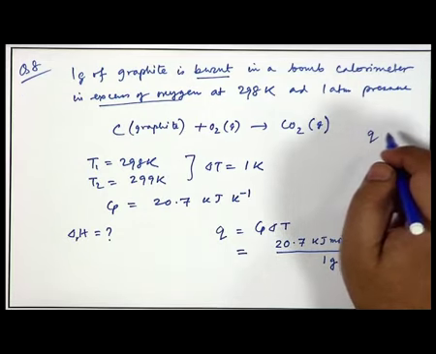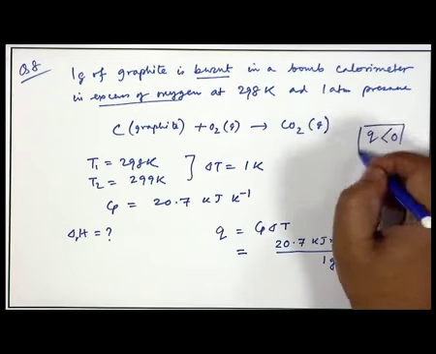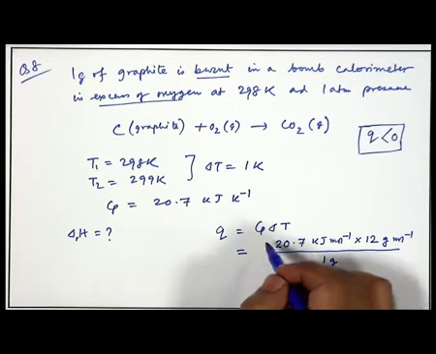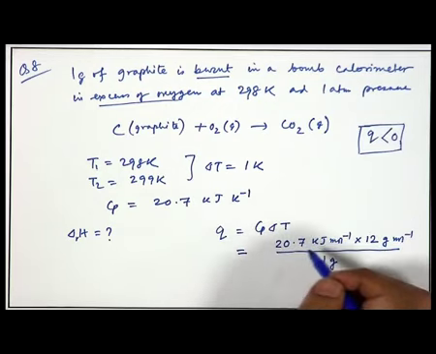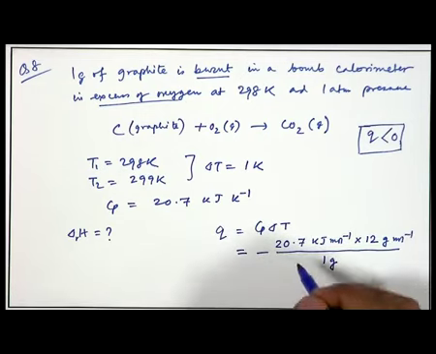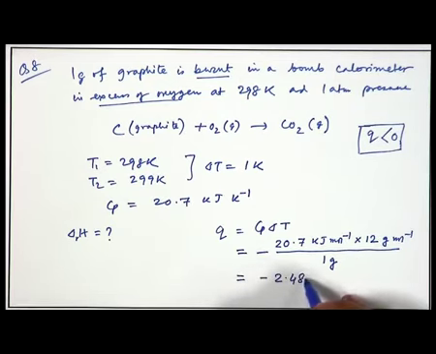So, Q is lost from the system, so the value of Q must be a negative quantity. Just to take care of the sign from a system point of view, we will put a negative number here, which will give us this value as 2.4 times 10 to the power 2 kilojoule per mole.